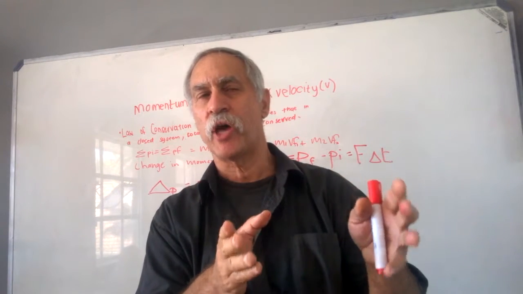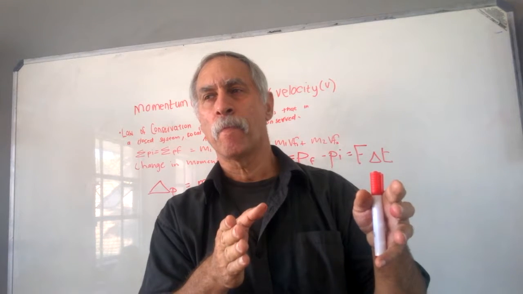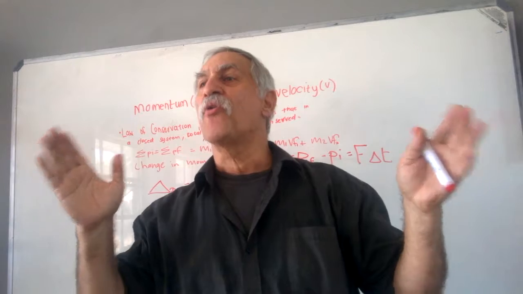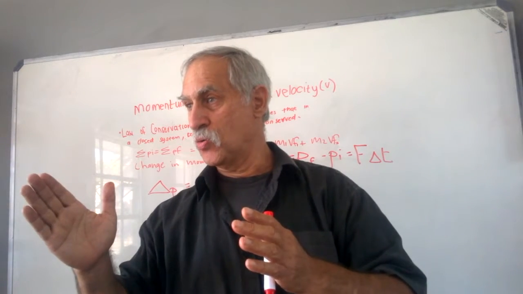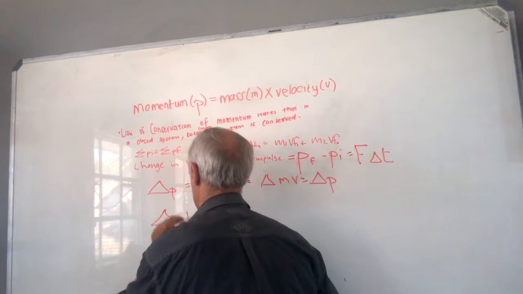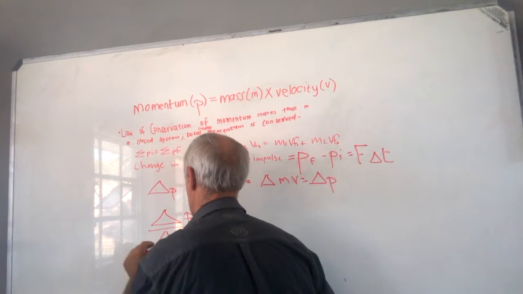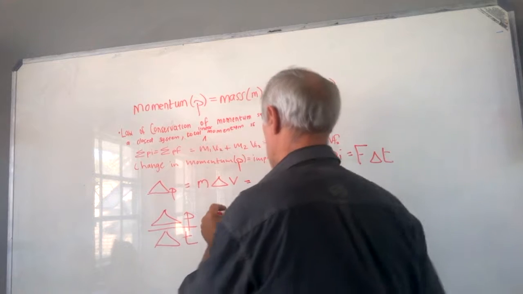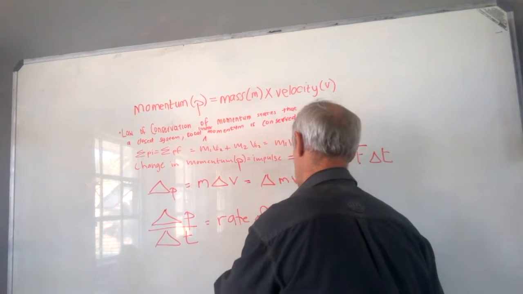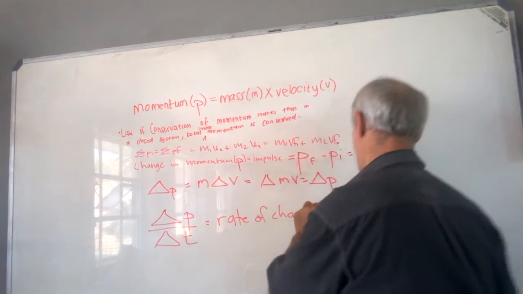It is called the... Anyone? Rate of change. So if we take change of momentum over change of time, we have something that is equal to rate of change of momentum.